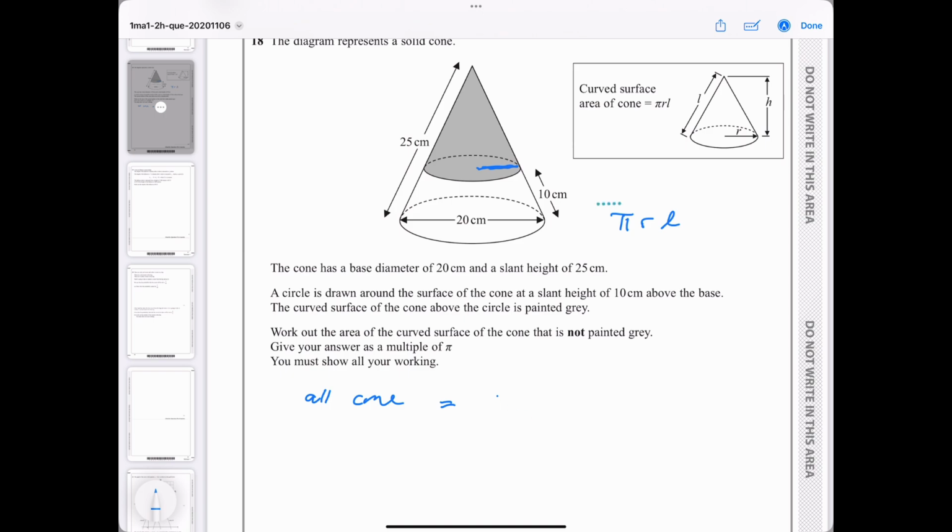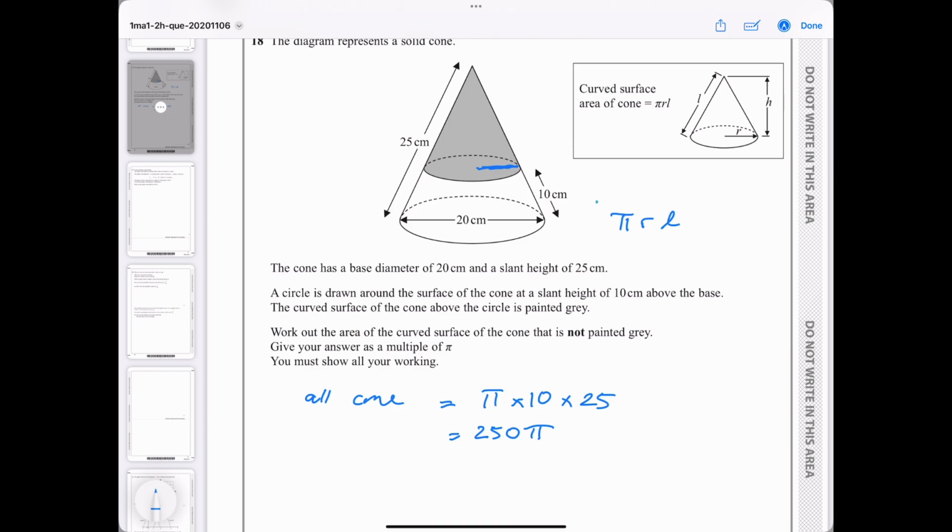We can do that quite easily. So pi times 10 times 25 means that the whole cone is 250 pi. But that's not what we need to know.